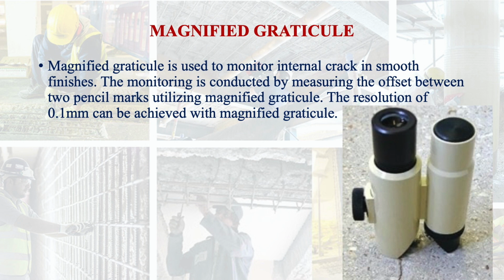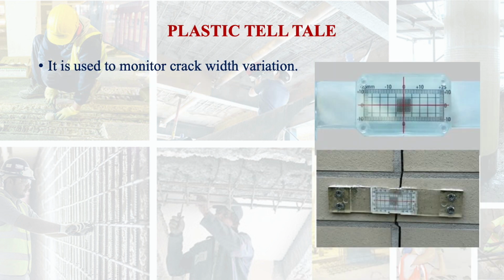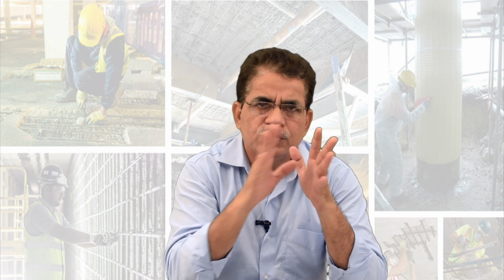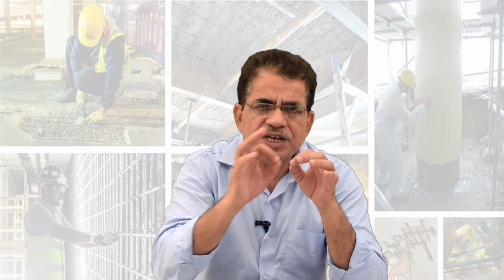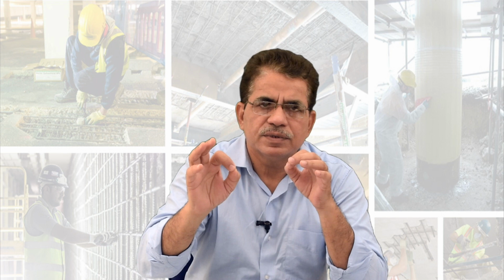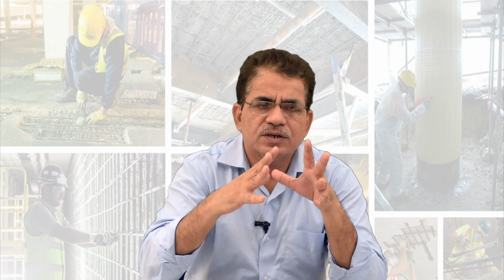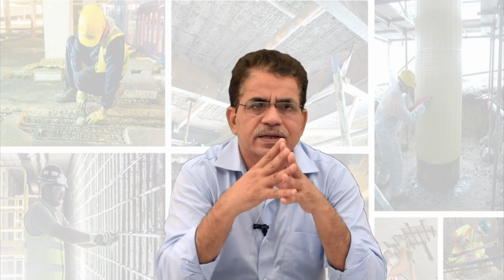The resolution of 0.1 mm can be achieved with magnified graticule. Next instrument is plastic telltale. It is used to monitor crack width variation. Means you can ascertain whether there is a change in the crack width or not. Means the crack is dormant or it is an active crack.